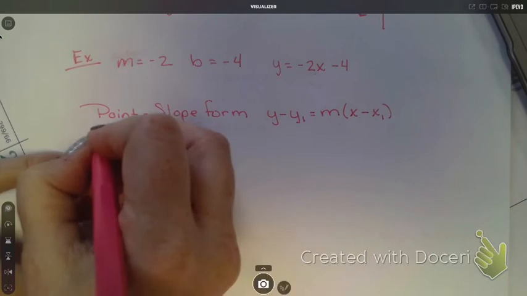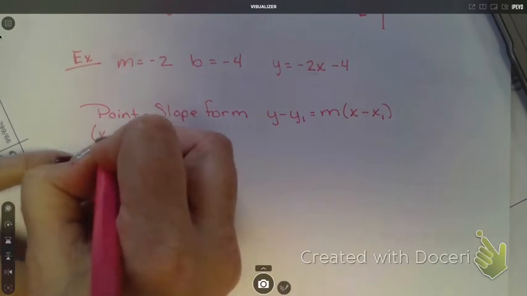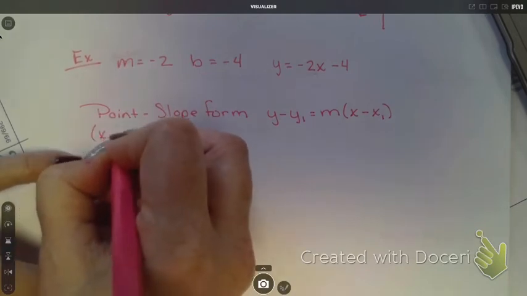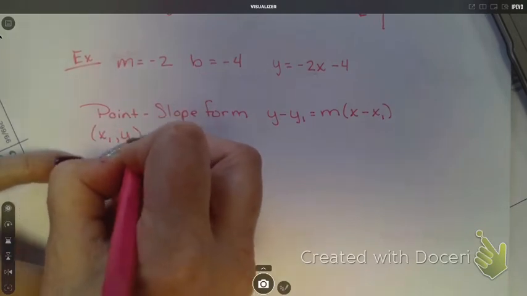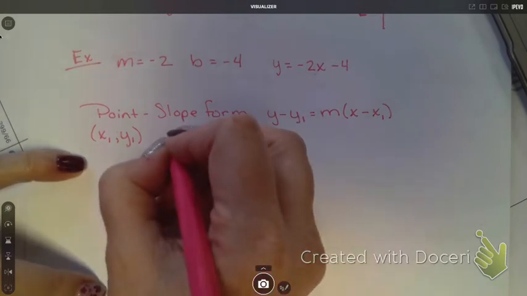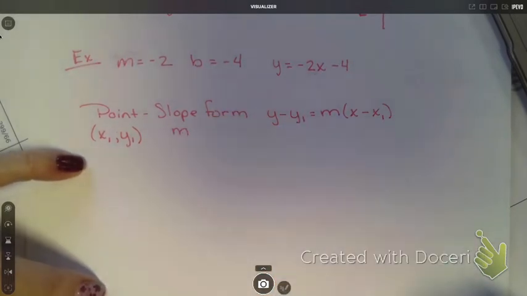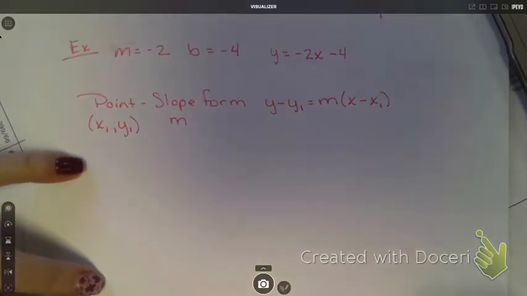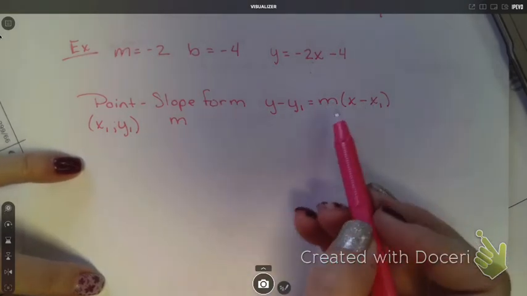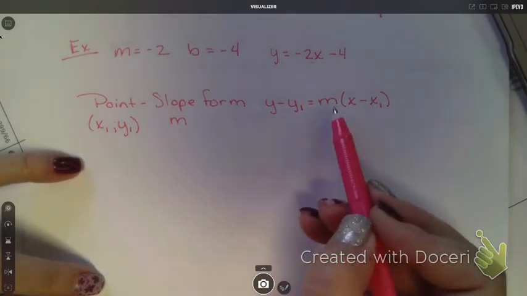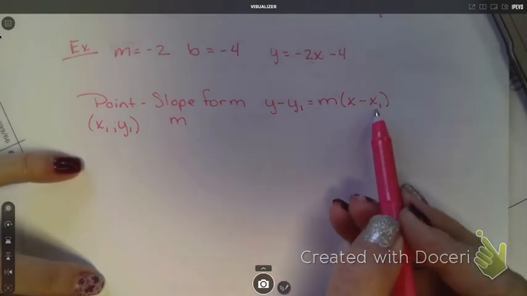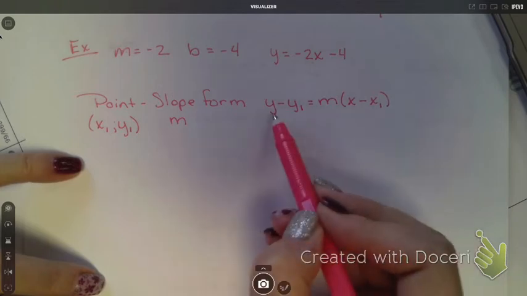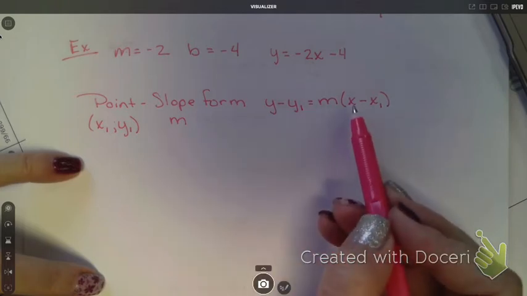So your point is your x1, comma, y1. And your slope is m. So when I'm filling this in, I fill in y1, m, and x1. I do not fill in an x and a y.